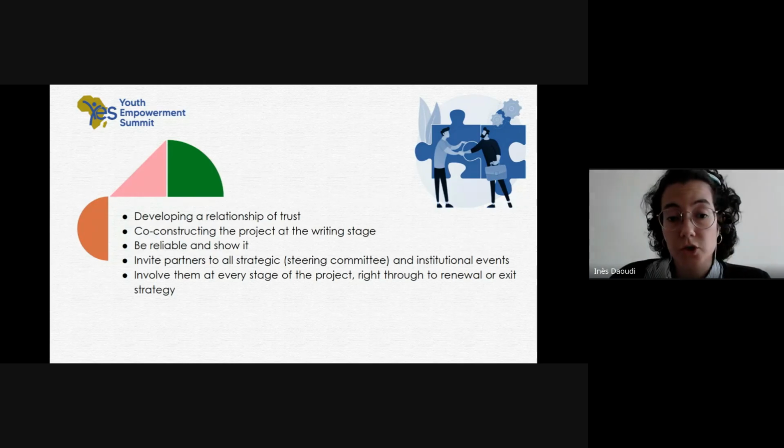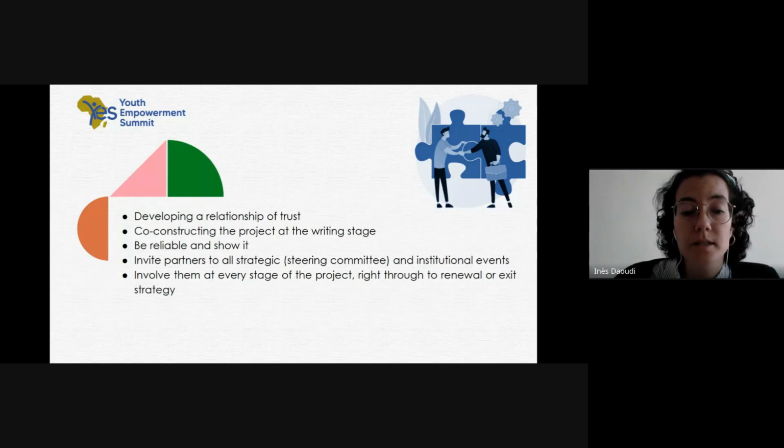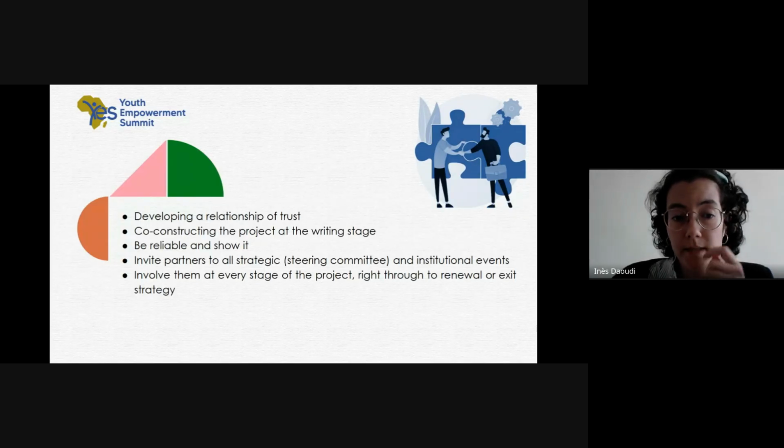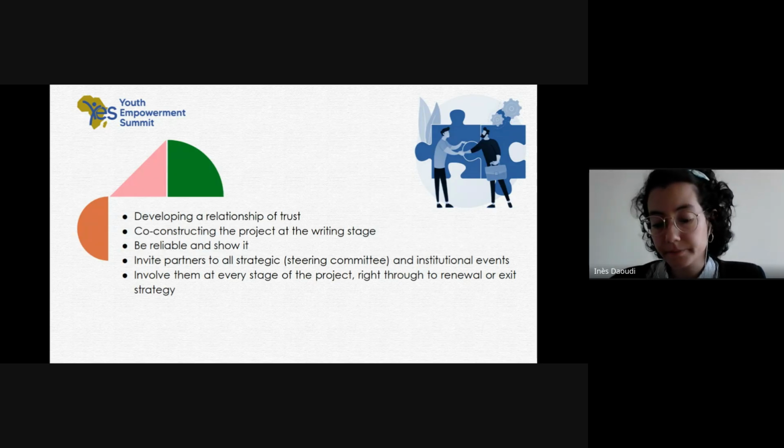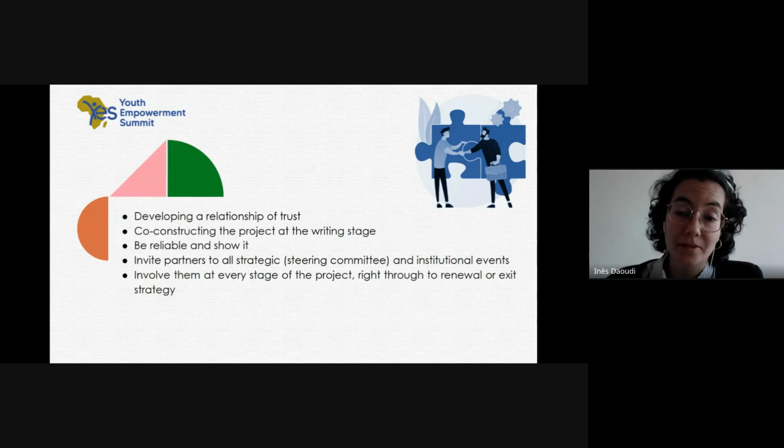You need to share the project idea, to seek donor feedback, to integrate donor feedback, to maintain regular communication, and to organize co-design workshops. In some cases, you can even submit a preliminary concept note to the donor. So all of this is a lot of work, I must say.